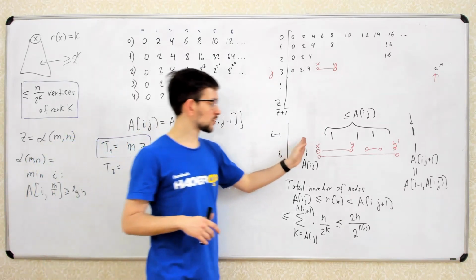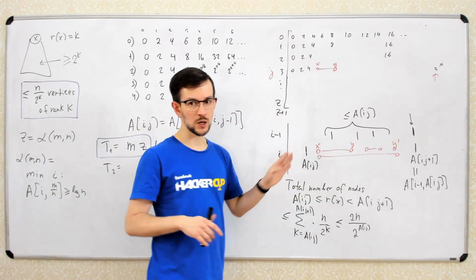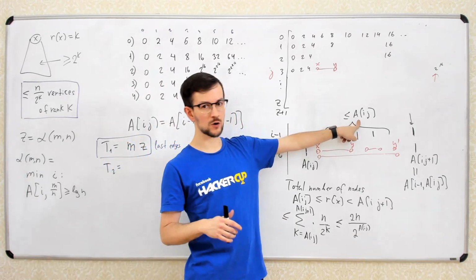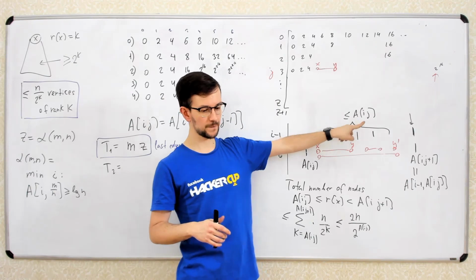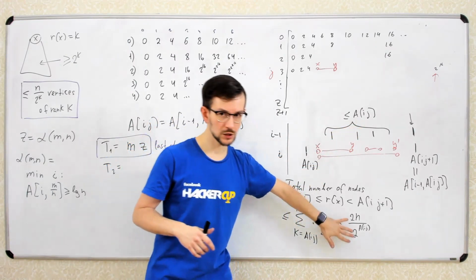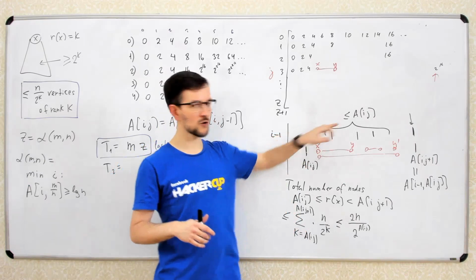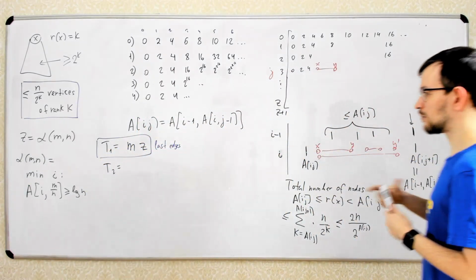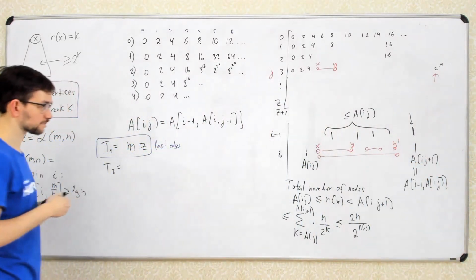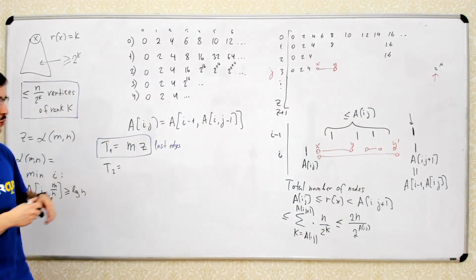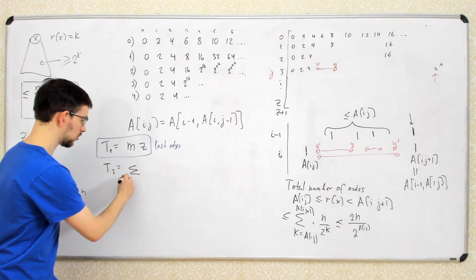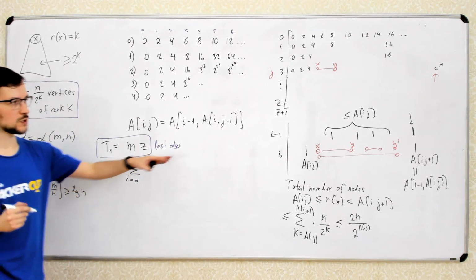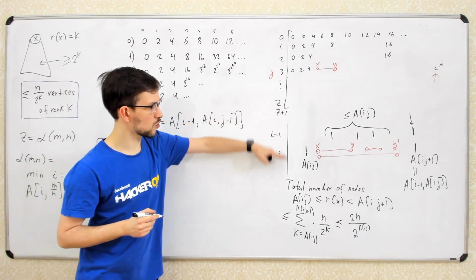Now, for each node in this segment, we may need to make this number of path compressions. So we take all these nodes and apply this number of path compressions to them. The total number of this is T2. So we do the following. We make a sum for all I from 0 to z, so we iterate over all layers.